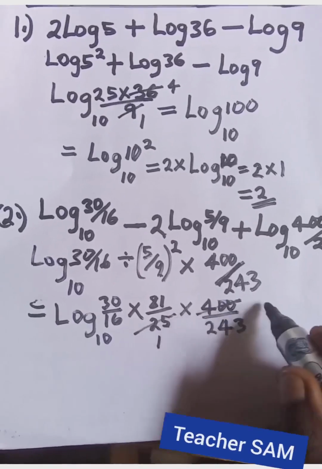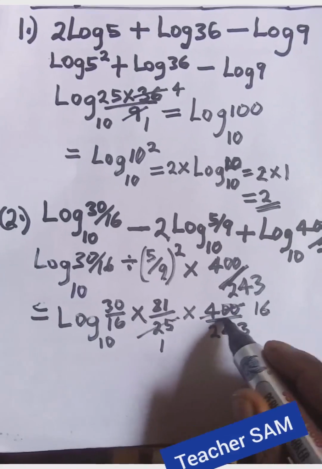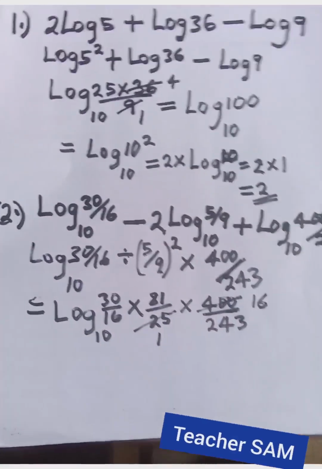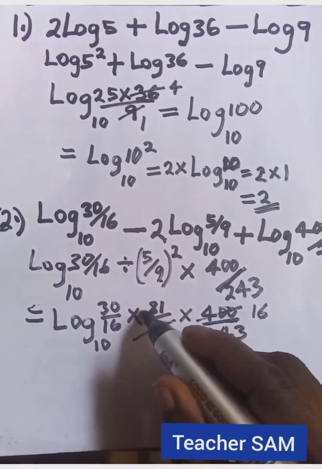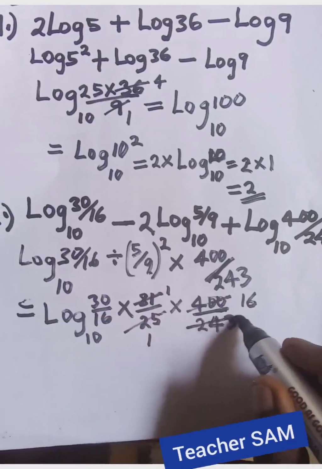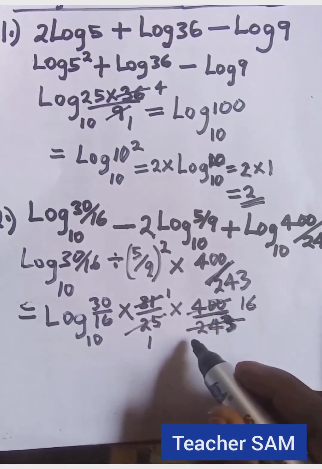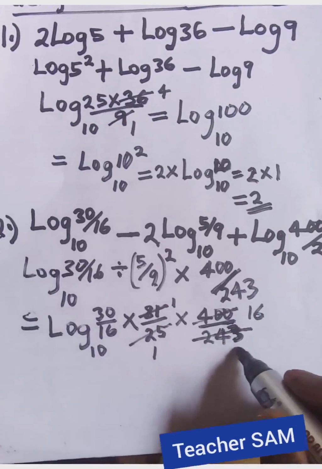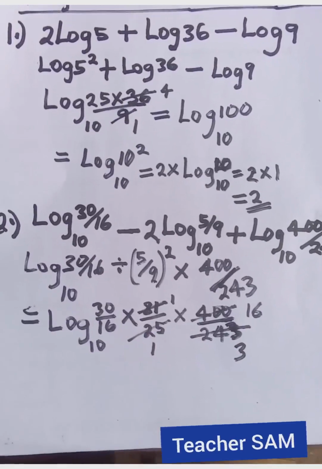If 25 divides 400, we have 16. Now 81 can divide itself 1. 81 can divide 243 3 times, because 81 times 3 will give us 243.